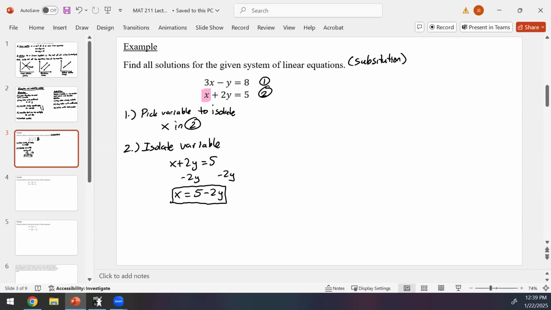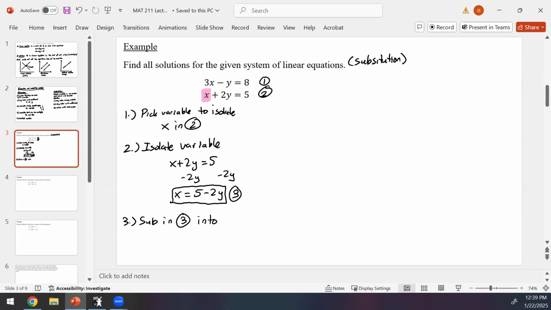It's not a bad idea to give this a label, so I'll call it equation number 3, or sometimes I call it star, right? Because it's a new equation. And so now that I've isolated the variable and I have a new equation, the whole substitution comes into play where we sub in this new equation 3 into, okay, so this is important and this is where sometimes the mistake happens.